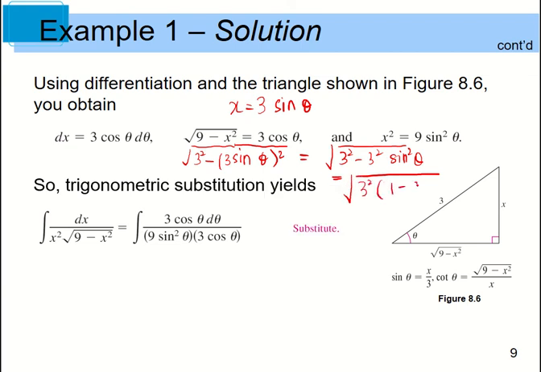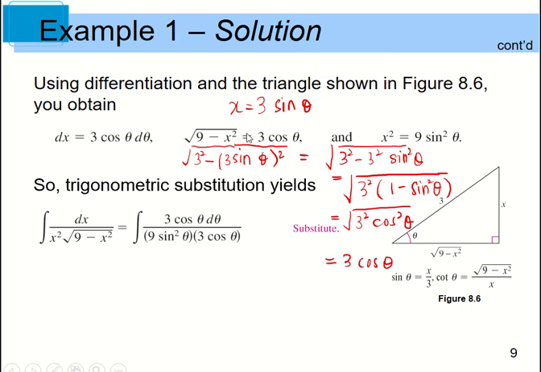We have now 1 minus sine square theta, and this is cos, so we have 3 square cos square theta. After that, we can take away the square and the square root, and we have 3 cos theta. So this is how we change this to 3 cos theta.